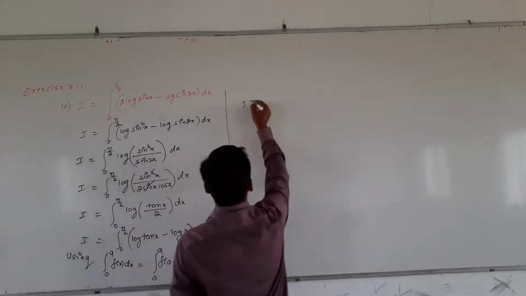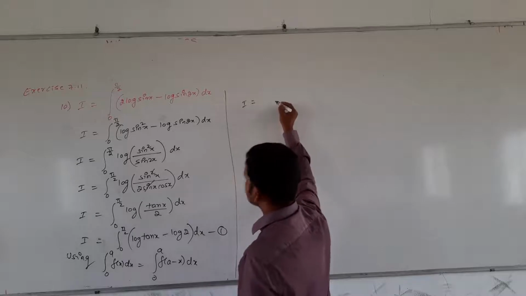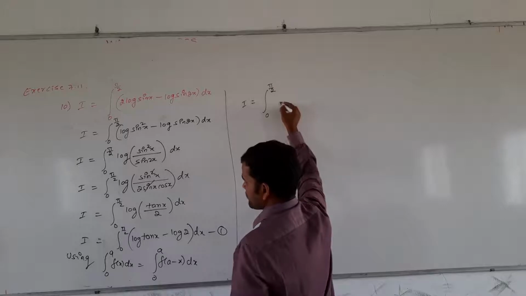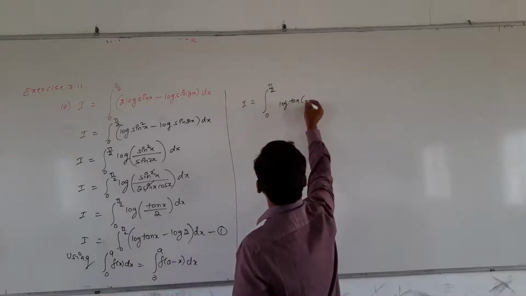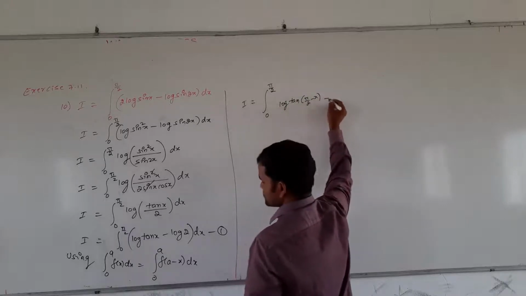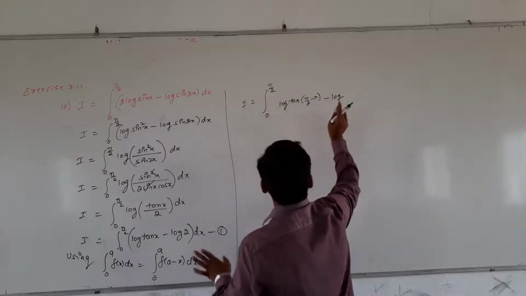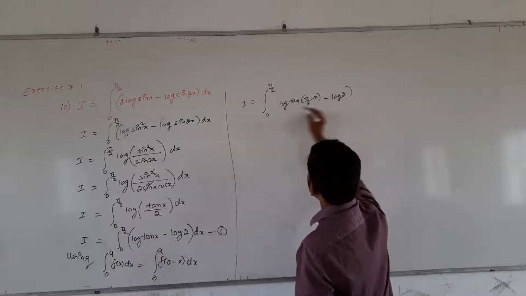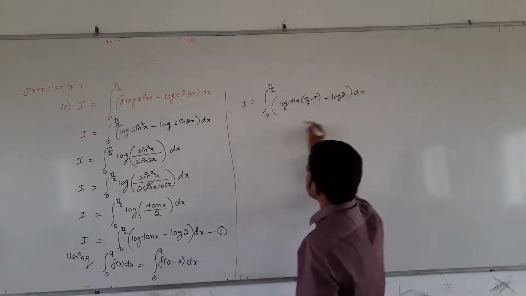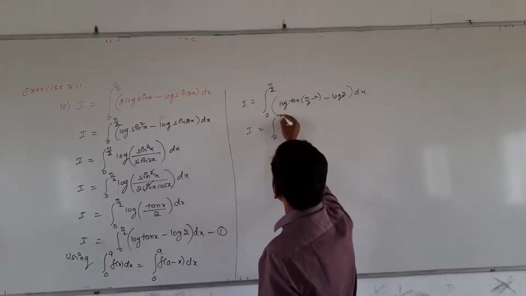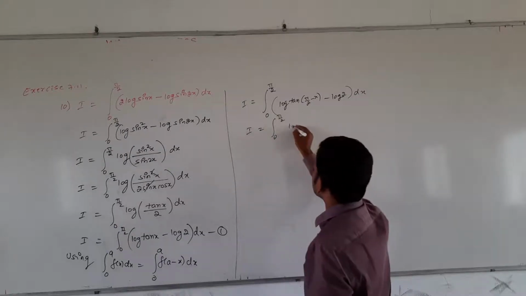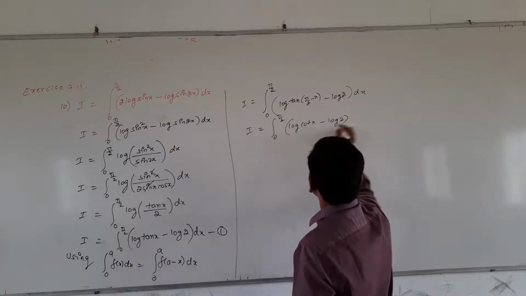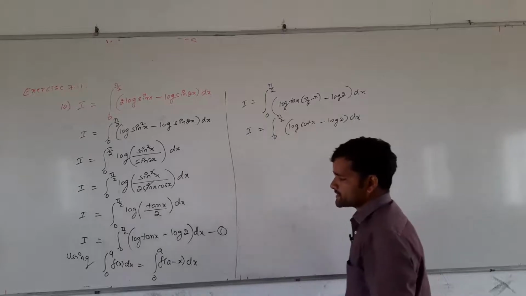This becomes I is equal to the integral from 0 to pi by 2 of log of tan of pi by 2 minus x minus log 2, which will be as it is, into dx. This is I is equal to the integral from 0 to pi by 2 of log of cot x minus log 2 into dx, since tan of pi by 2 minus x is cot x. This will be as it is.